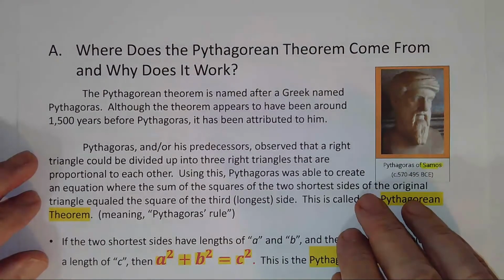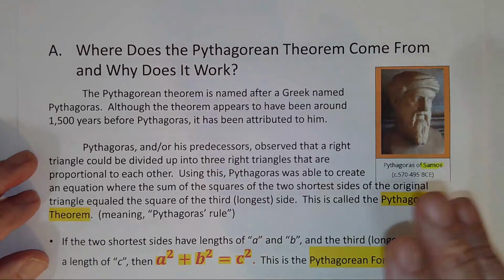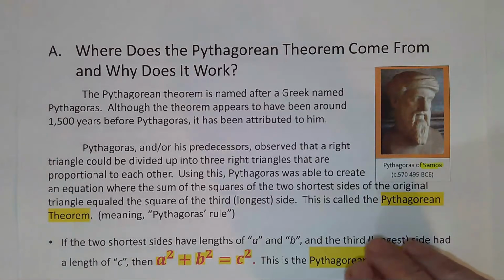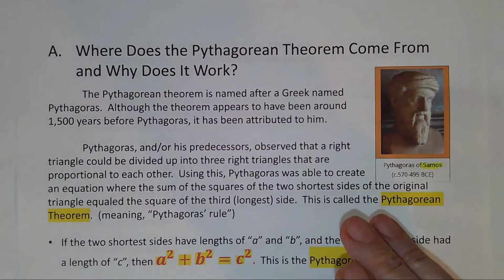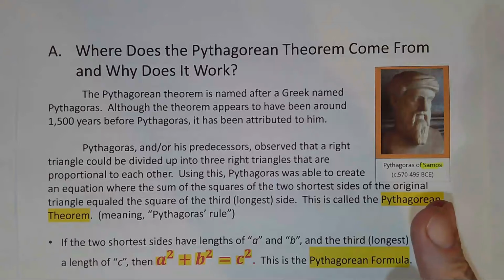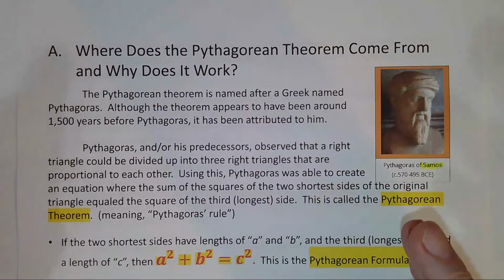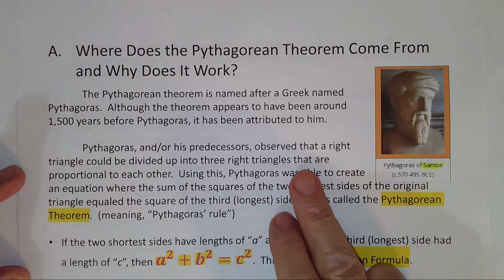Nevertheless, this fellow was extremely talented, and he was very observant. All these gentlemen at that time, where did they learn their math from? It was from observation. They looked around, they saw relationships between things, and they were able to predict what would happen next. So this is what happened here.